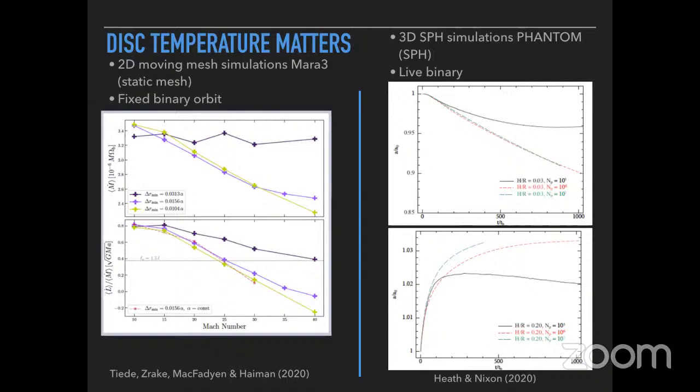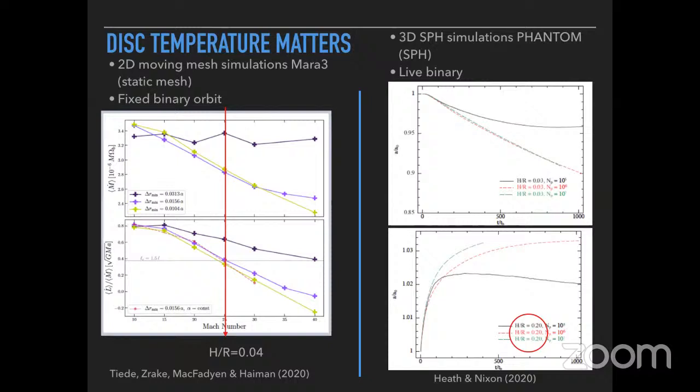Towards the left side you have thicker disks, and towards the right side you have much colder disks. You can see that there is a transition at around Mach number 25, which means h/r of 0.04, where the torque changes sign. It is positive before that, and it becomes negative below this value.